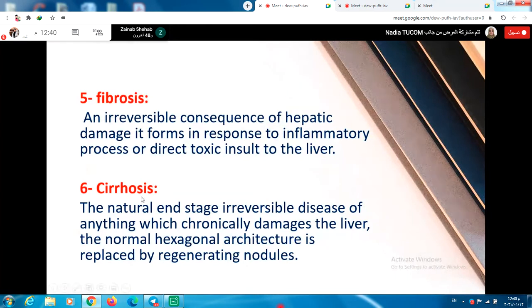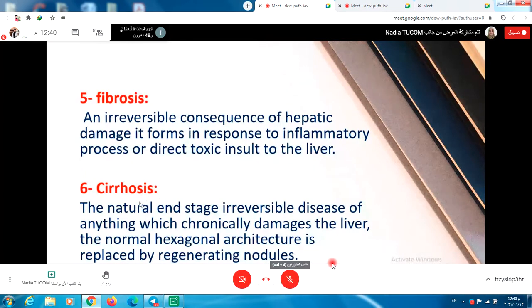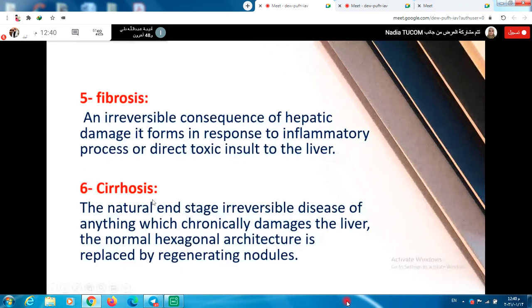Cirrhosis is the end stage or irreversible stage of many liver diseases, can be silent at the start, and can follow anything which chronically damages the liver, like viral hepatitis, especially B and C in the first place, alcoholic liver disease, diabetes, certain congenital or hereditary metabolic disorders, hemochromatosis, Wilson's disease, and so on.